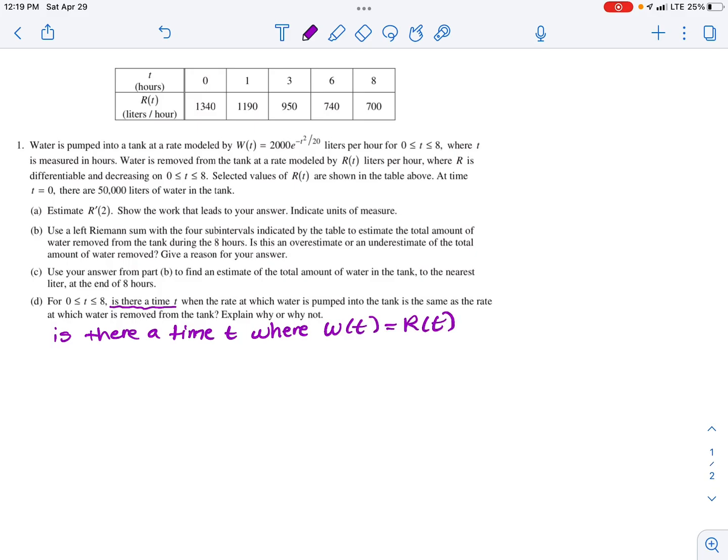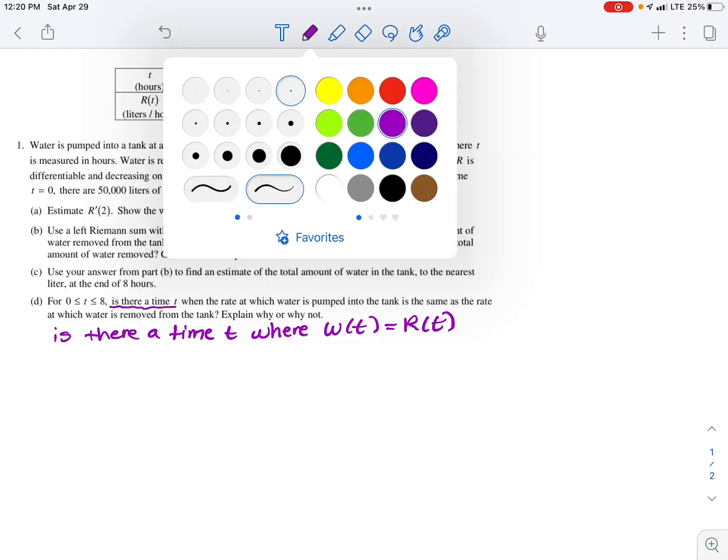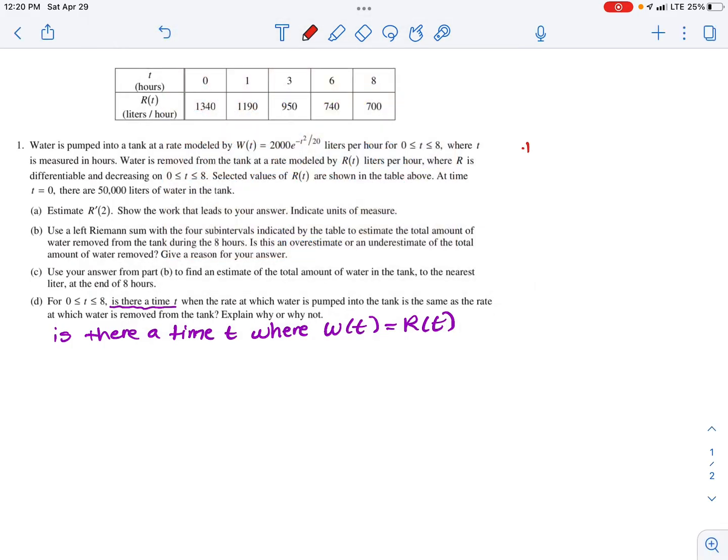So if you knew what the function R of t was, like if you didn't just have a table of values, then of course you could use your graphing calculator to graph both functions and find the intersection. Okay. So I'll note that here.